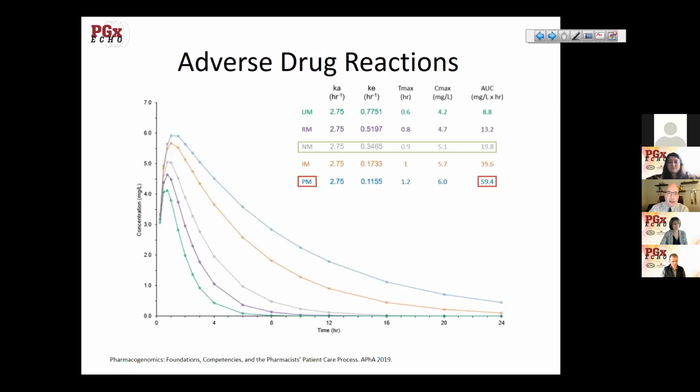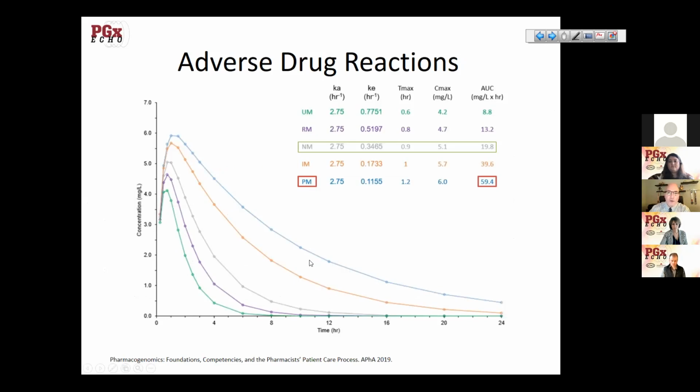And this is the last time we'll see this slide, but this is the same slide we saw twice before. Now we're looking at the poor metabolizer, the blue line. And you can imagine in this concentration time data that is exhibited here, that area under that blue curve is considerably greater than the other phenotypes.